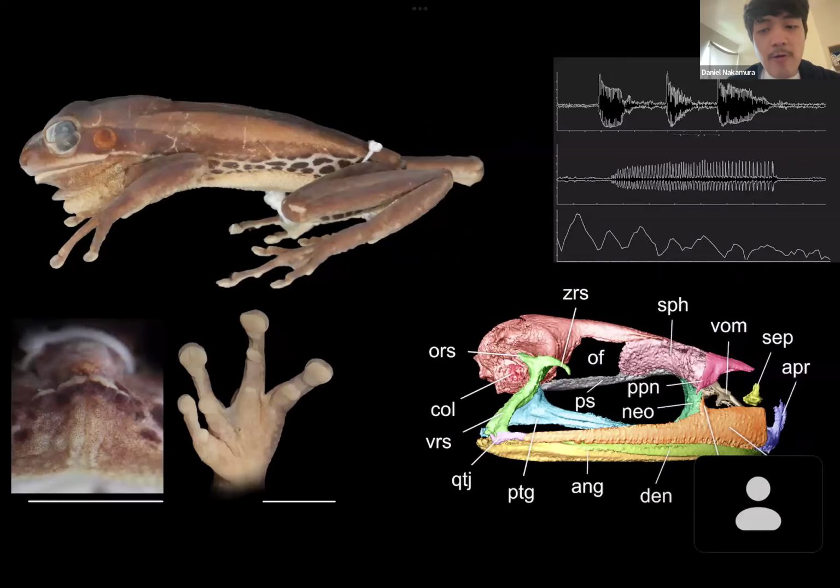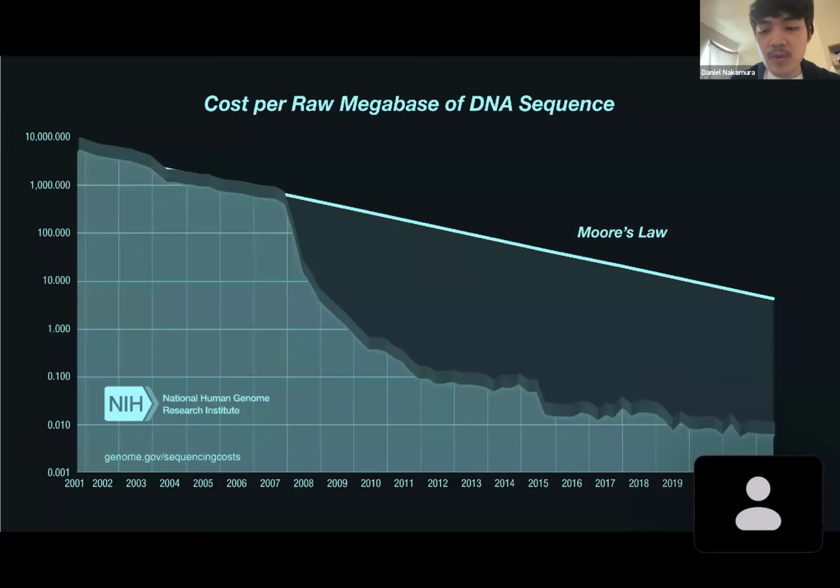So, phenomic characters, such as those related to external morphology, osteology, bioacoustics, were the primary source of evidence in phylogenetic analysis in the first decades of cladistics. However, with the advent of PCR and Sanger sequencing, we now have a dominance of molecular sequences as the primary source of evidence, at least for extant taxa.